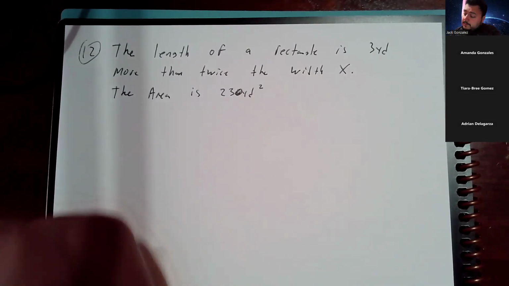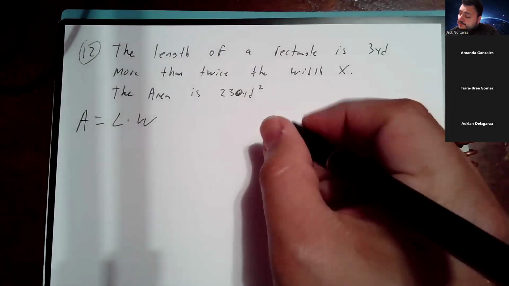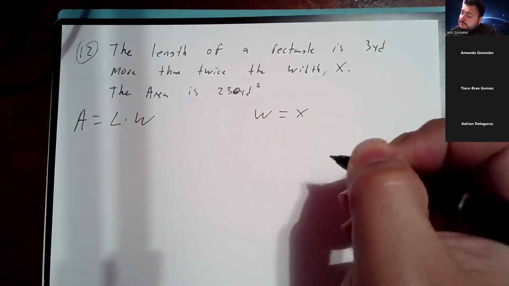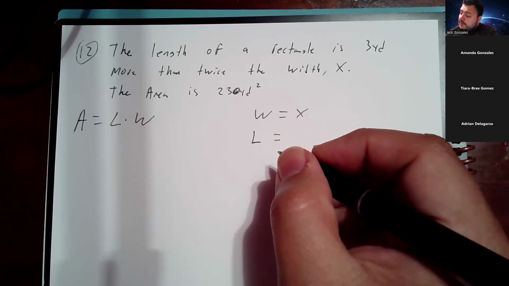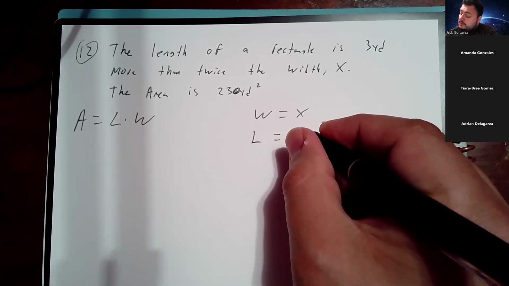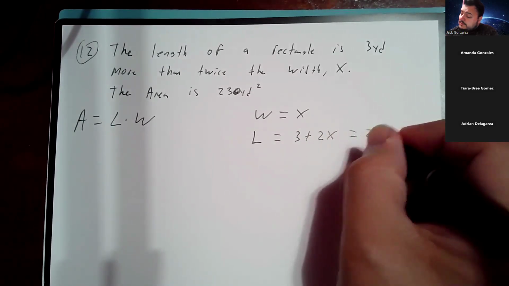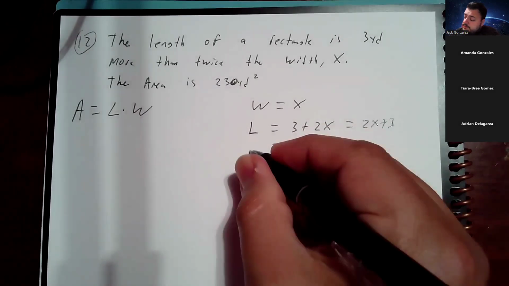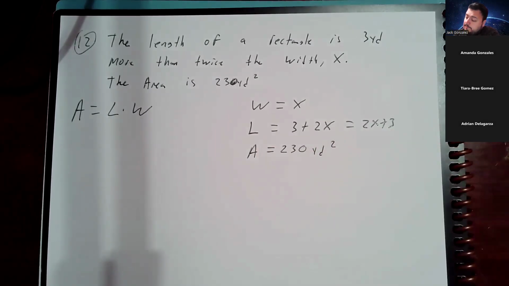All right, so remember, area is equal to length times width. They said that, I feel like there should be a comma there. Width is x, and length is 3 more than twice the width. So 3 more than twice the width, which is the same as this, right? They told us that the area is 230. So plug everything in and we'll have the relationship they want.